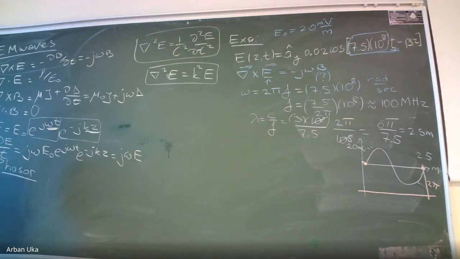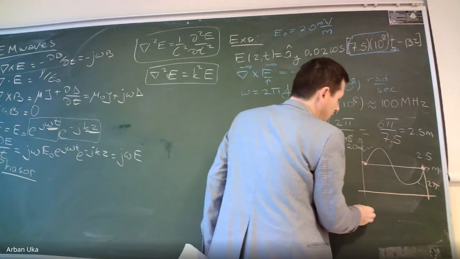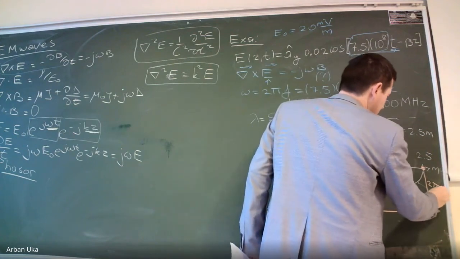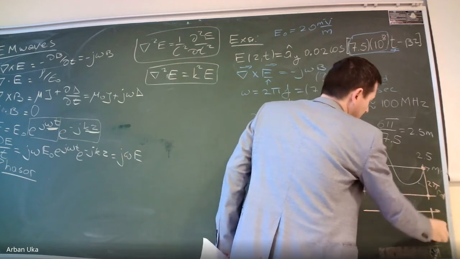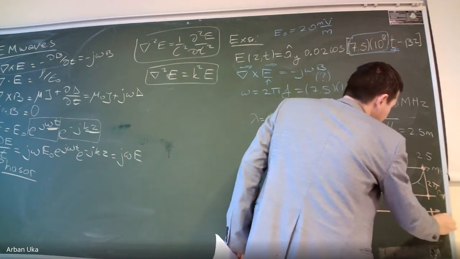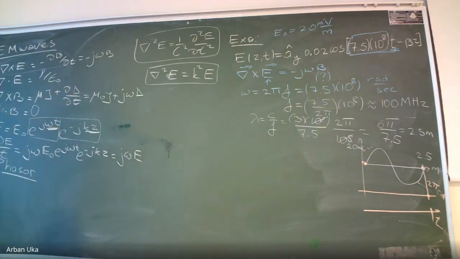In time, how much time is from this point to this point if we are progressing? So this is radian, right? In radians, this is 2 pi, right here. Now the question is, if this is time, what is this time equal to? So the frequency, that's true, but what is the frequency?